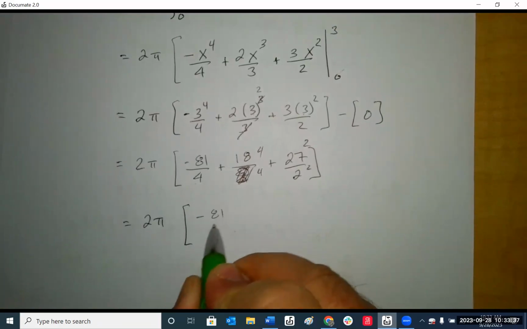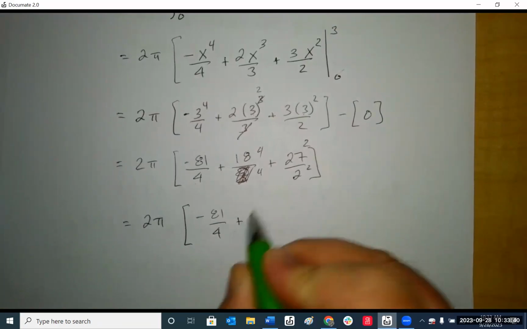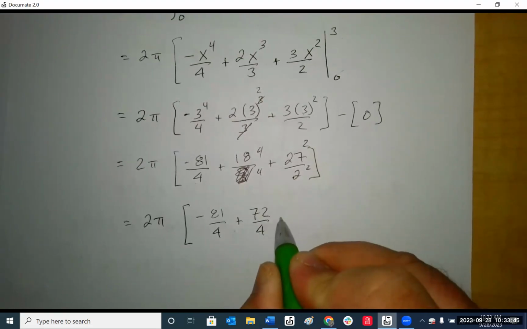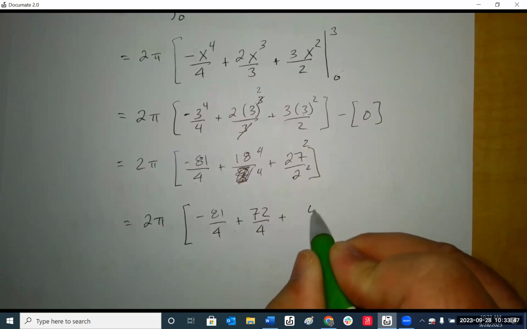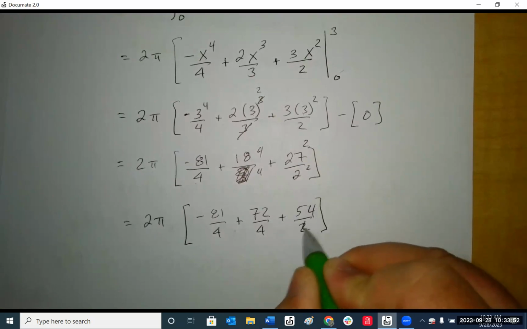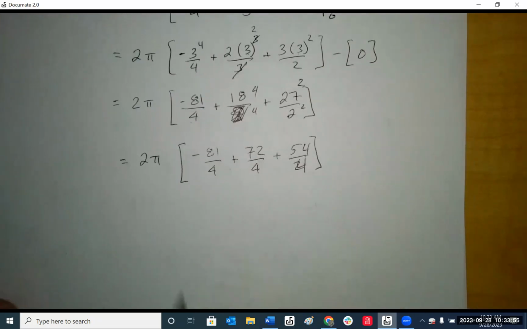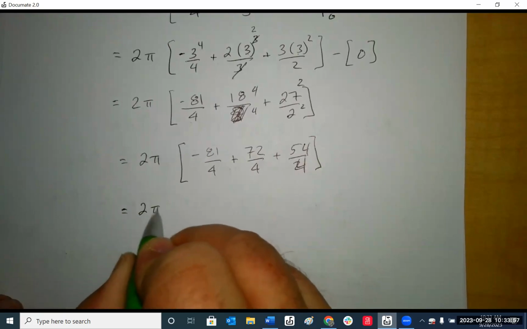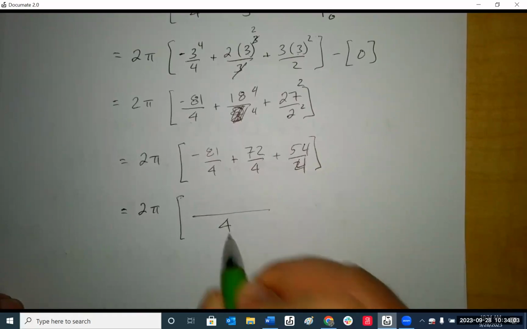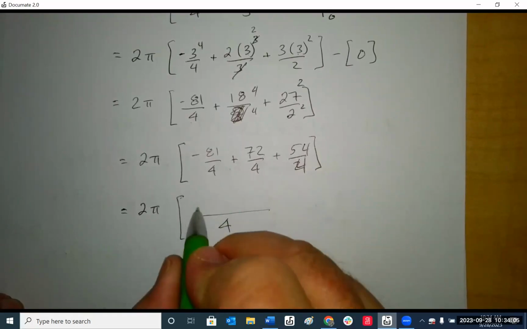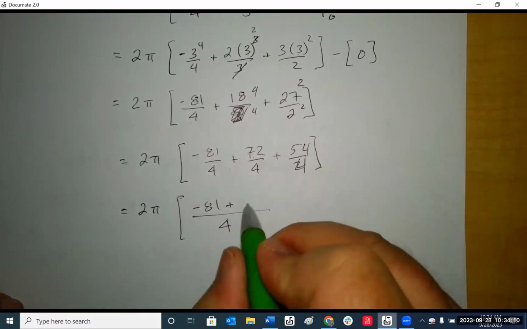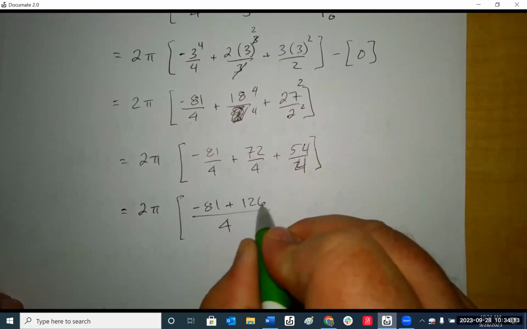So we have -81 over 4, 72 over 4, 54 over 2, or 54 over 4. 72 plus 54 is 126.